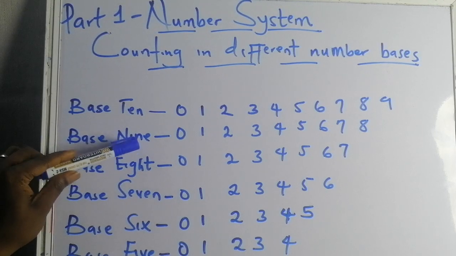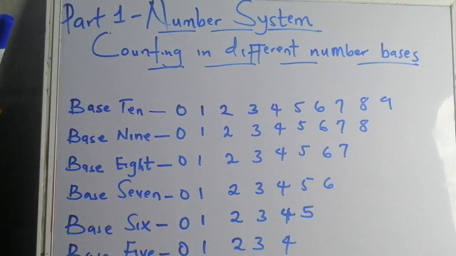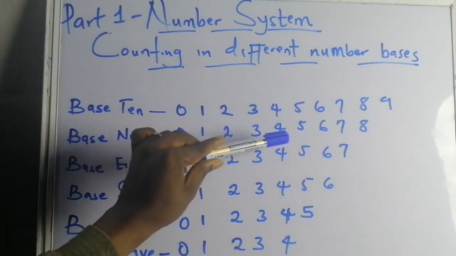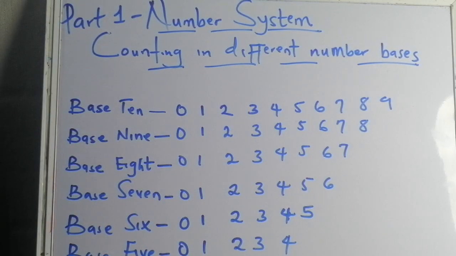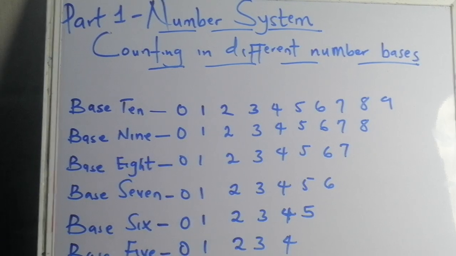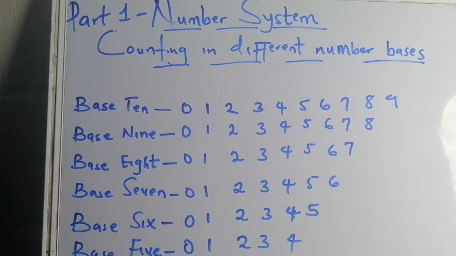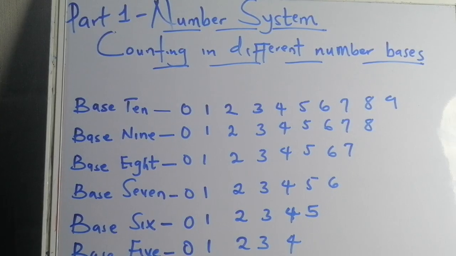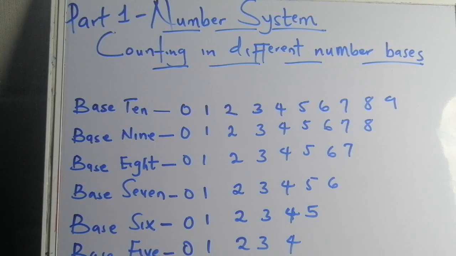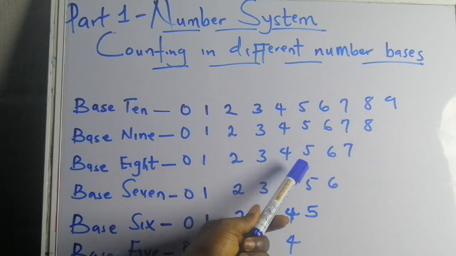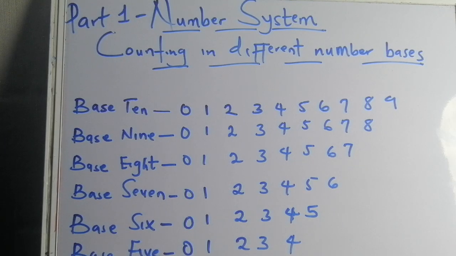For base 9, the highest number you will see is what? It is 8. That is 0, 1, 2, 3, 4, 5, up to 8. For base 8, the highest number you can see is 7, which is 0, 1, 2, 3, 4, 5, 6, 7.